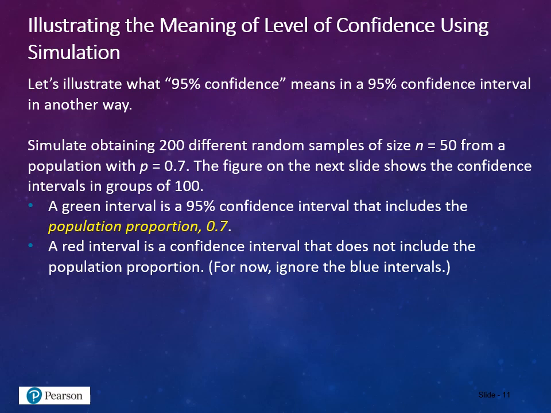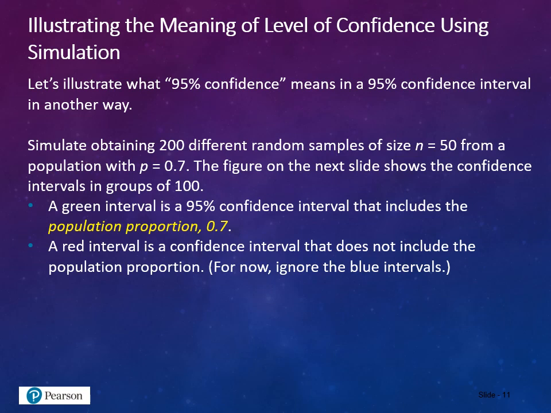Let's illustrate what 95% confidence means in a 95% confidence interval in another way. If we simulate obtaining 200 different random samples of size n equals 50 from a population with p equals 0.7, the figure on the next slide shows the confidence intervals in groups of 100.